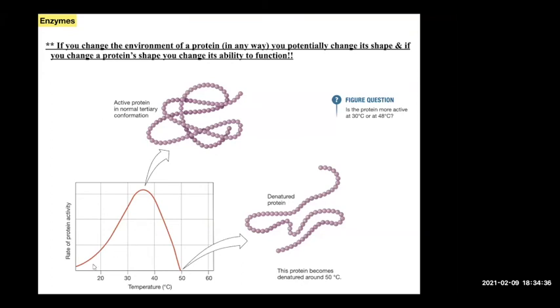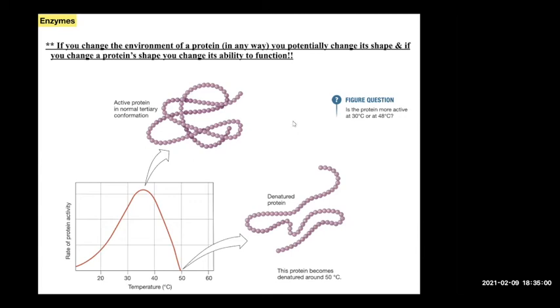At lower temperatures, it's not really working, and at higher temperatures it's not really working. You have to maintain it. This particular one has a very particular optimal temperature around, say, 37 degrees, which happens to be your body temperature. Other than that, it's out of range, and it either works less efficiently or not at all.